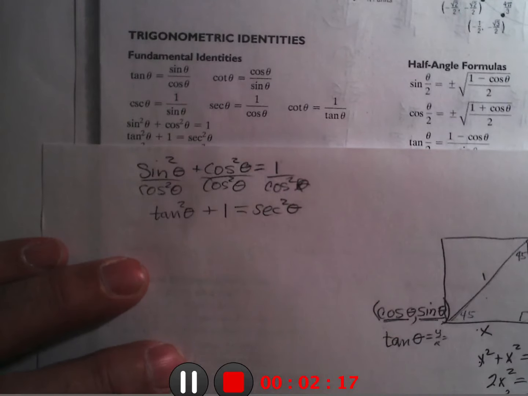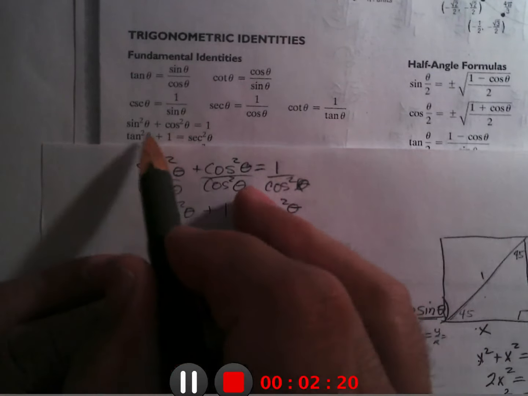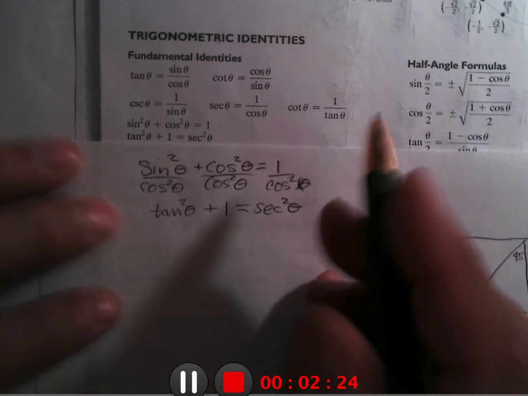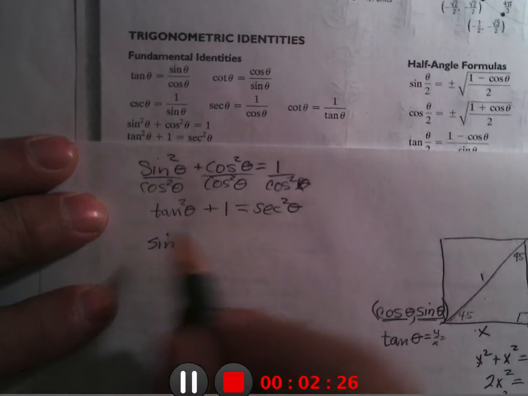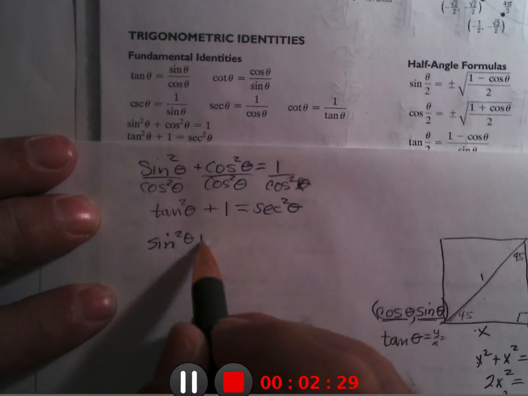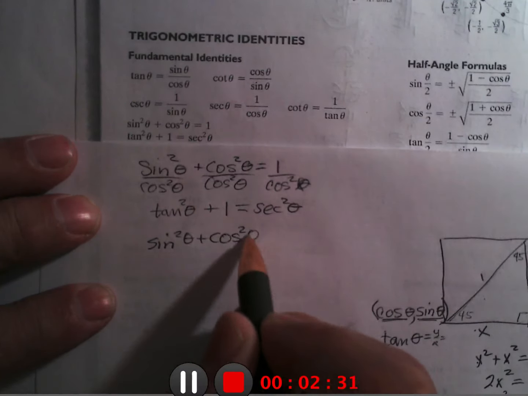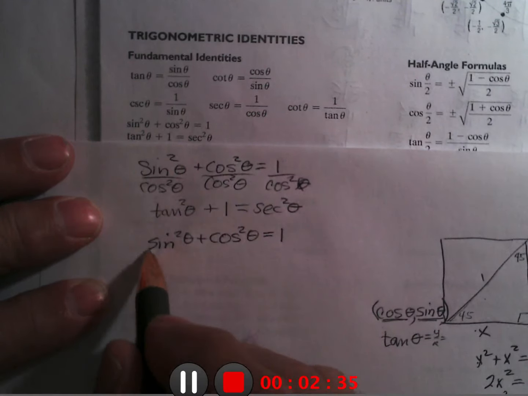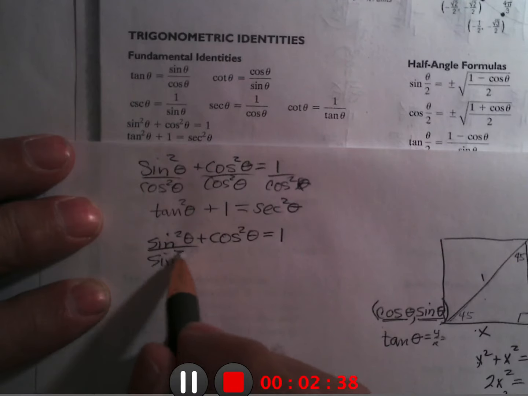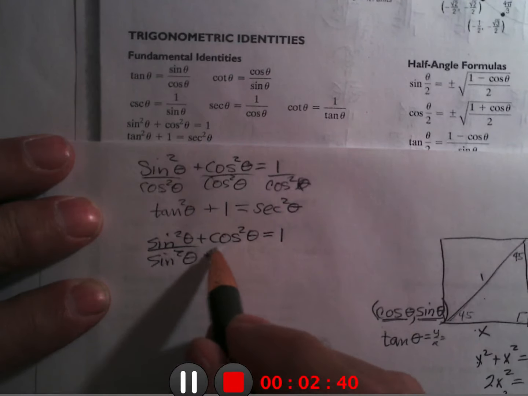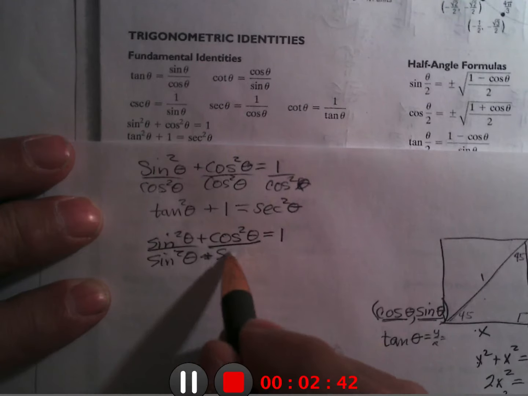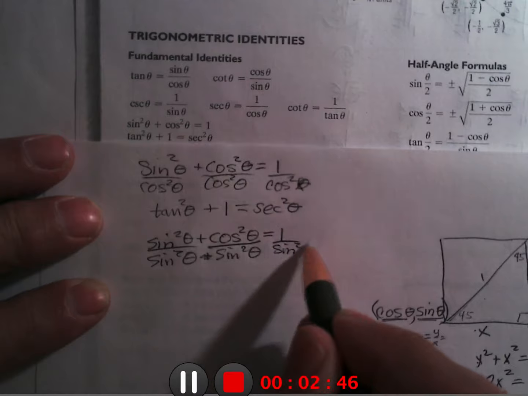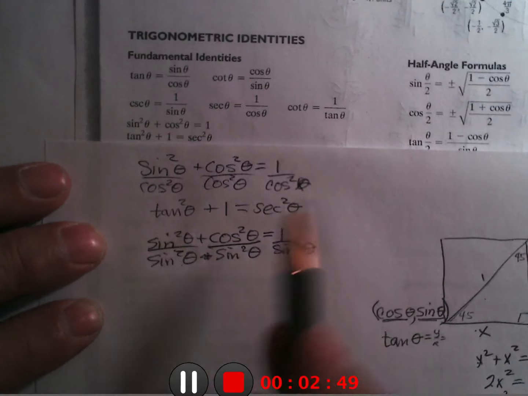Now, you can do things with these formulas. Let me get this next one here. If we started with sine squared theta plus cosine squared theta equals 1, and divided everything not by cosine squared, but by sine squared, sine squared divided by sine squared is 1.